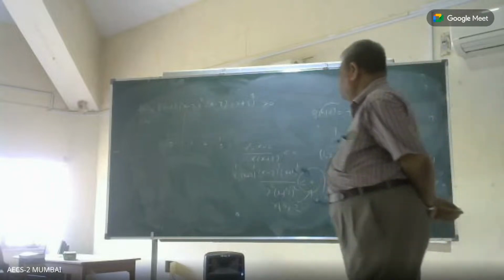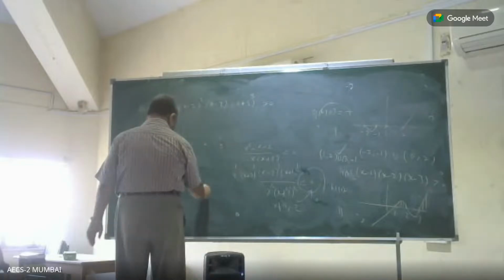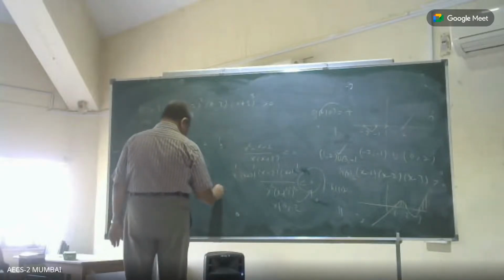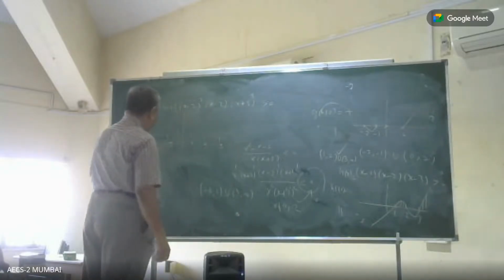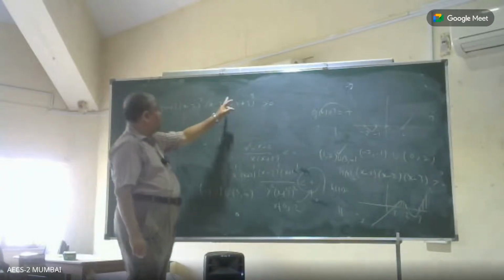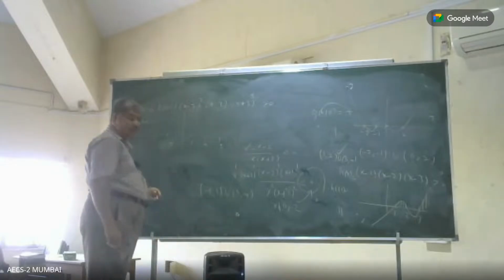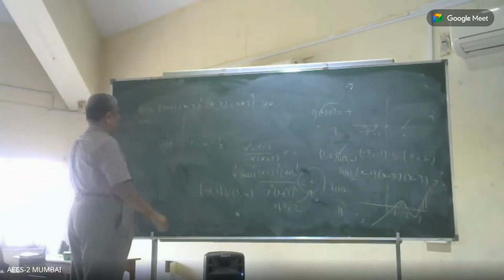Sir, x is minus 3 to 1 union 3 to infinity. That is okay. So see this, which quadrant will f start from? Third.